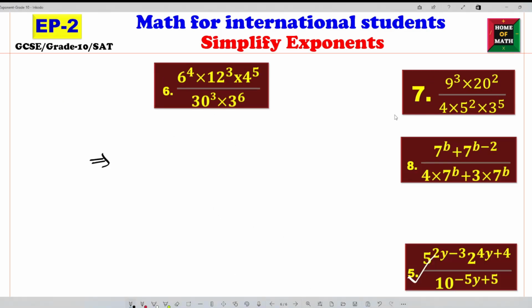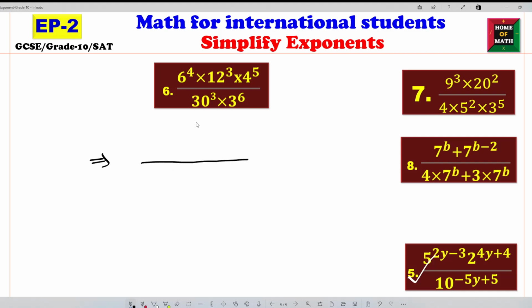Next one, here is 6 to the power 4 times 12 to the power 3 times 4 to the power 4, divided by 30 to the power 3 times 3 to the power 6. Lots of things in here. So we will convert everything to prime factors.